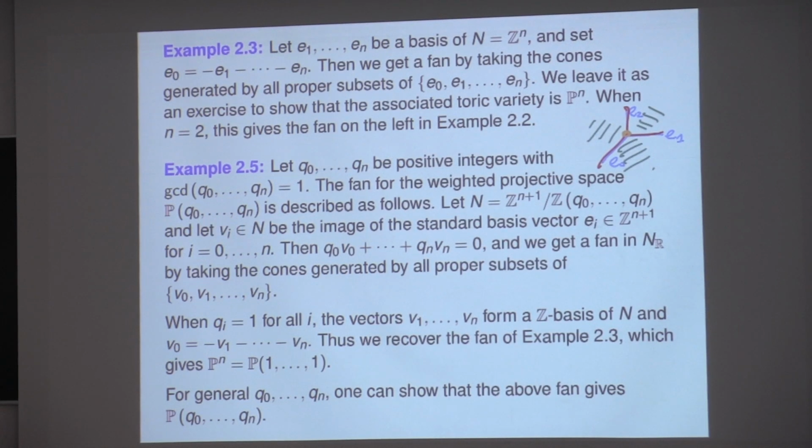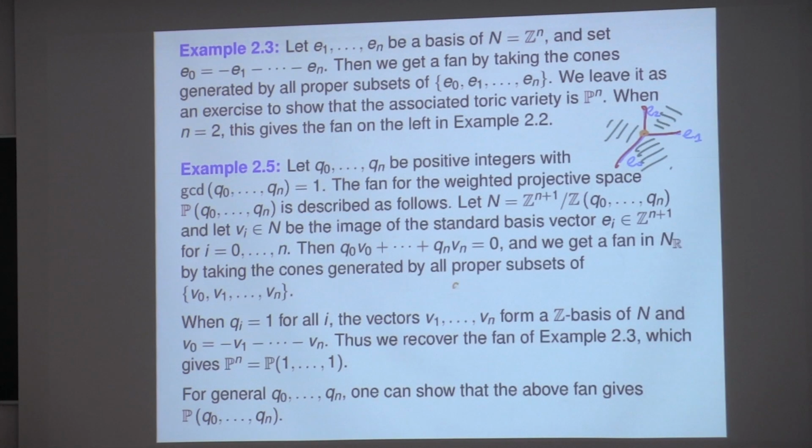Then, simply by looking at the relation by what we are modding by, if we take q0 e0 plus q1 e1 plus up to qn en, that is this guy.